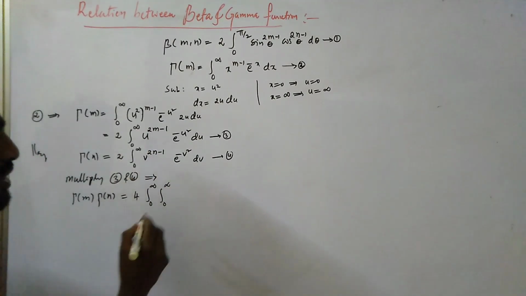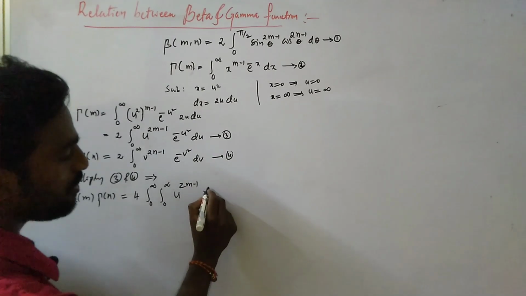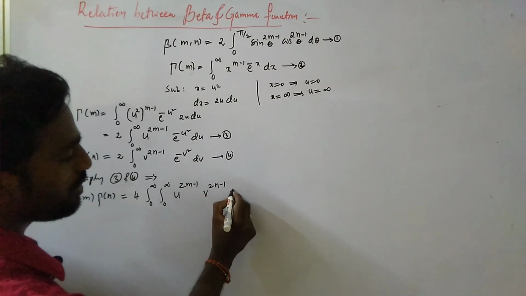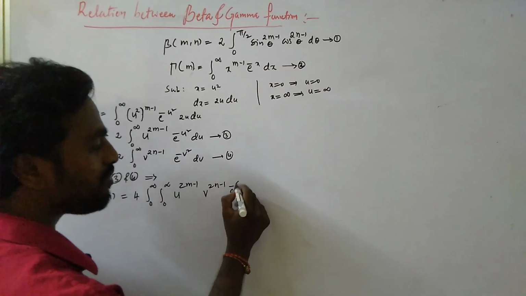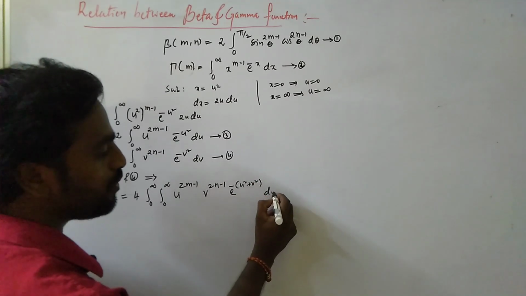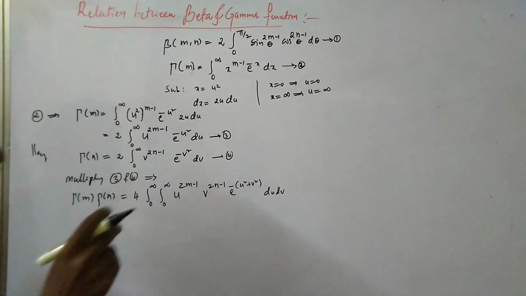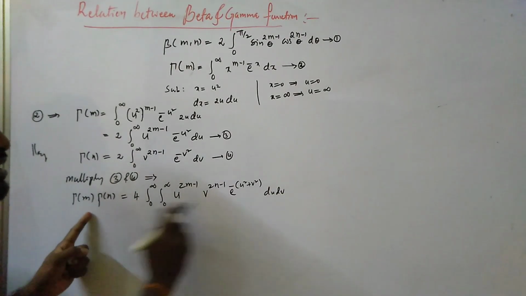Two integrals: the first one is u power 2m minus 1, the second one is v power 2n minus 1. Since the bases are equal, the powers should be added, that is e to the power of minus u square plus v square, into du dv. Don't forget the du and dv: with the first one you get du and with the second you get dv.